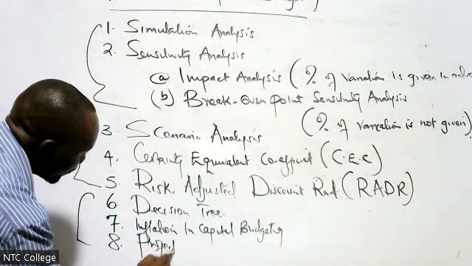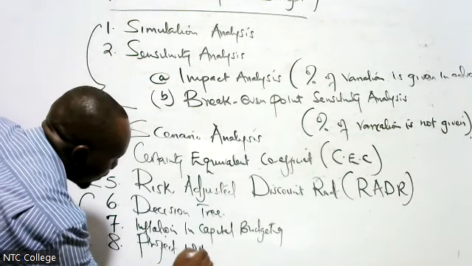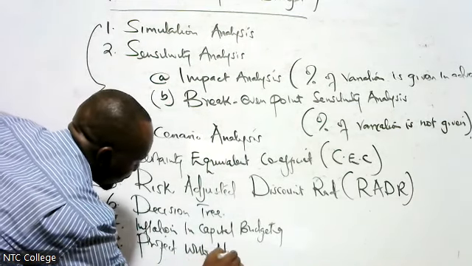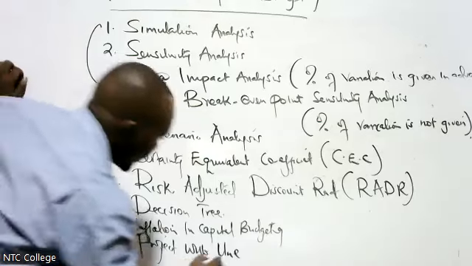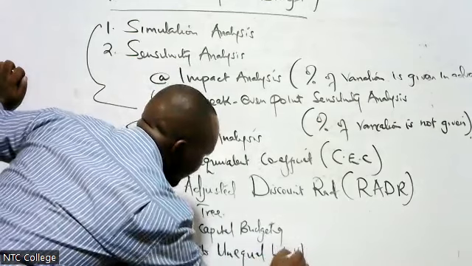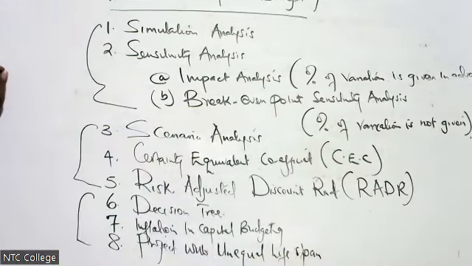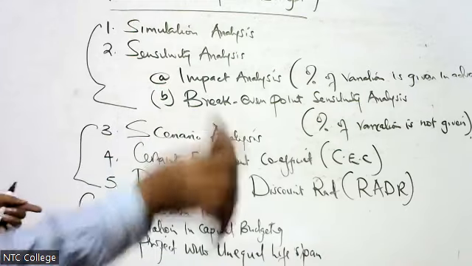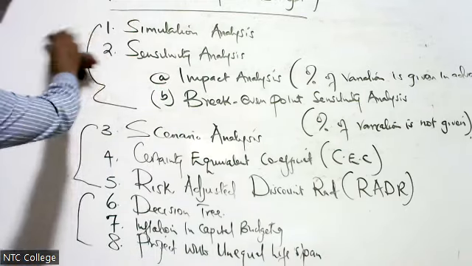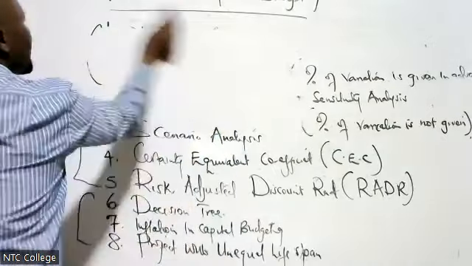How do you compare projects which do not have the same lifespan? You have 2 projects, one is going for 5 years, another one 3 years, with different returns. How can you make decisions on which one to invest in and which one to leave out?